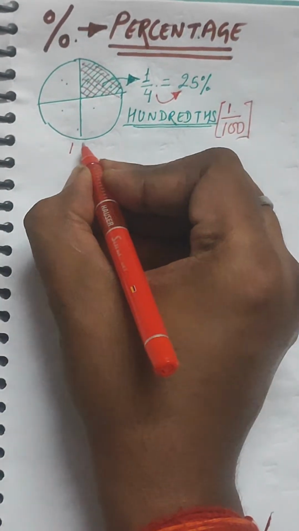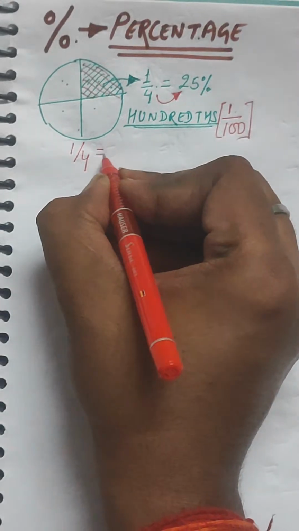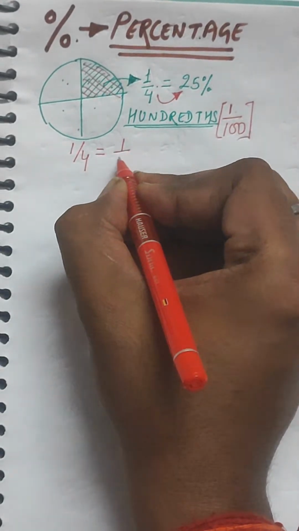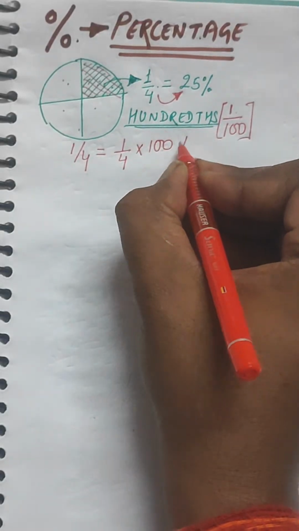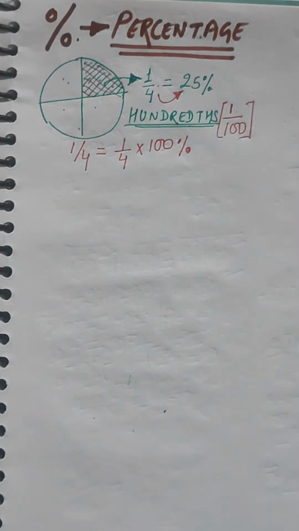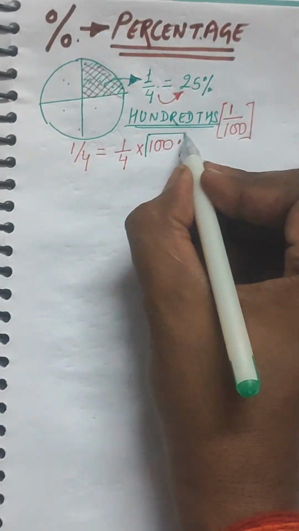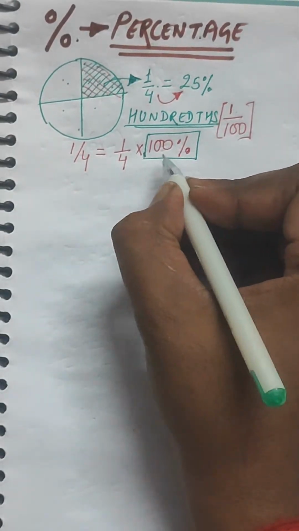So 1 by 4 can be written as 1 by 4 into 100%.